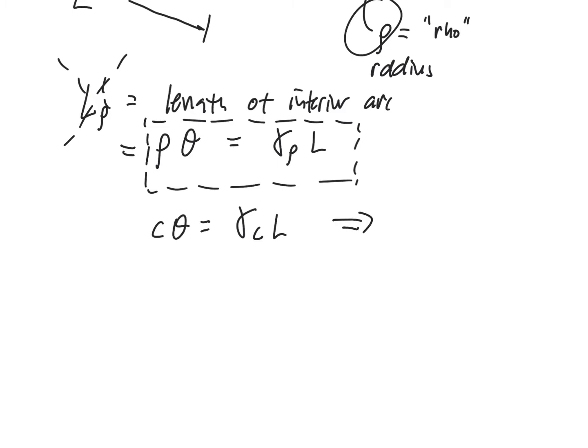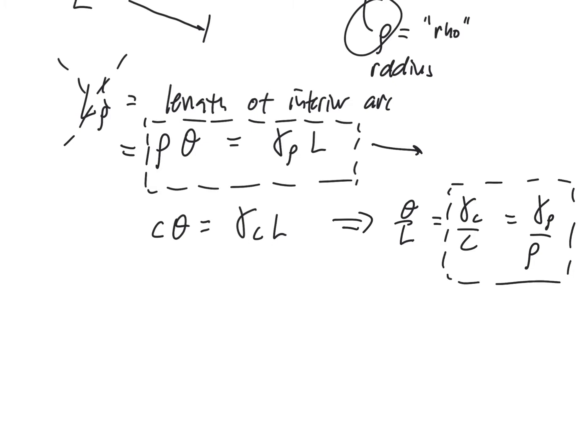I'm going to use this expression to write that theta divided by L is equal to gamma at C divided by C. But from this expression, we also have theta divided by L is equal to gamma at rho divided by rho.